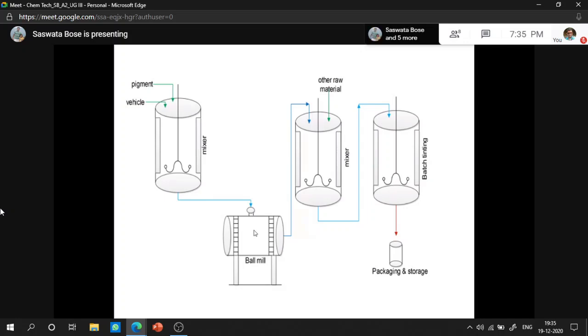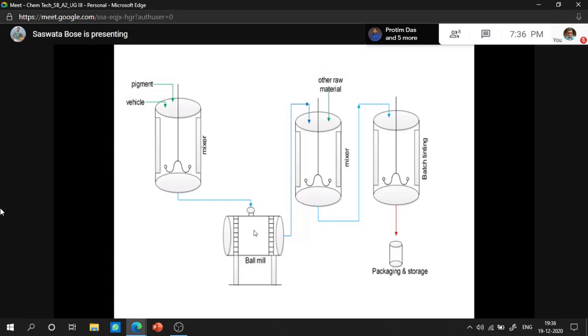All the grinding mills generally utilize three methods: shear, attrition, and impact, to effectively break down the pigment particles or aggregates.